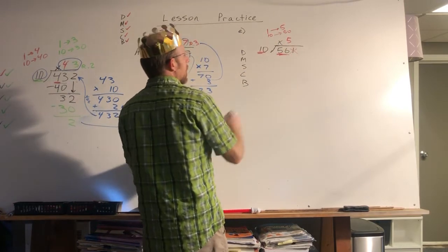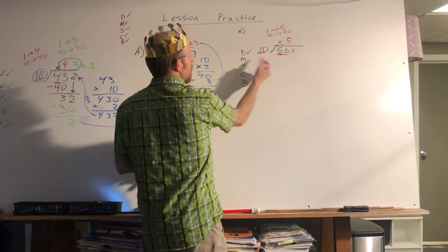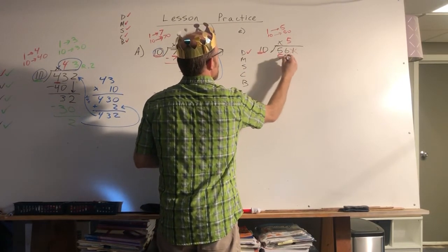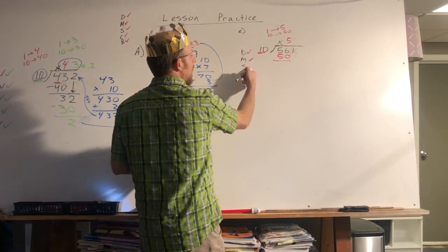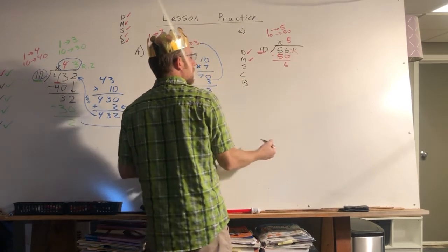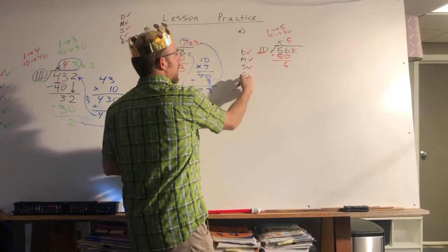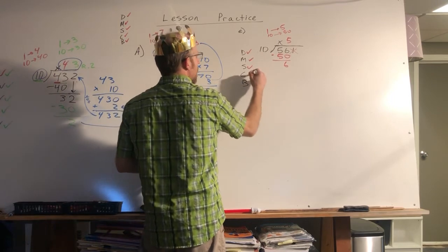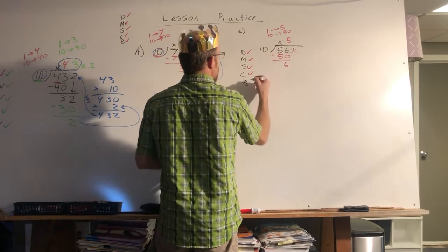And then we go, now we got divide, multiply, 10 times 5 is 50. Subtract, 56 minus 50 is 6. Compare, is 6 less than 10? Yes, it is. So I bring down.